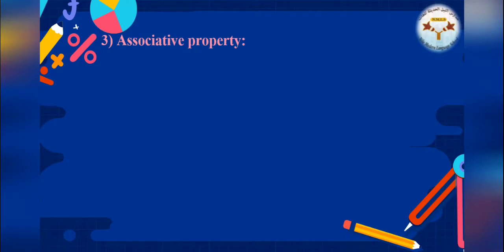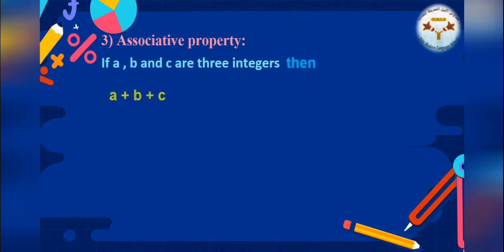So here a plus b plus c. I can make a plus b in one bracket and add them, then add to them the c. Or I can add b plus c, then add a.